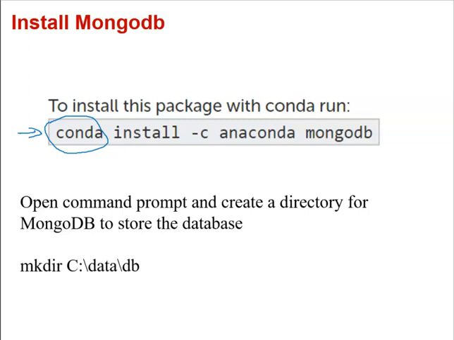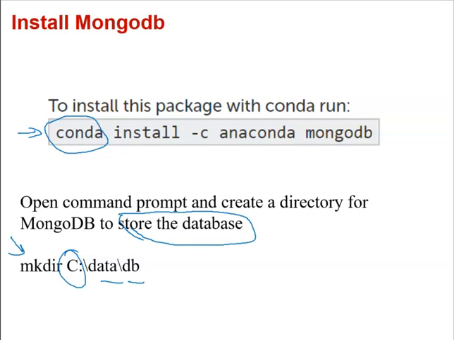This is basically going to create a directory in which we're going to store the database when we work with MongoDB. Now, in order to make sure that MongoDB is installed properly on your computer, go ahead and open up the command prompt and type in mongod, just D, not a B with it.